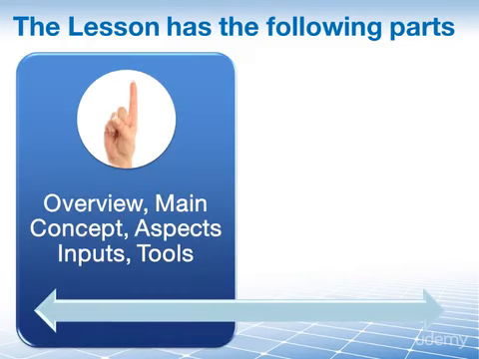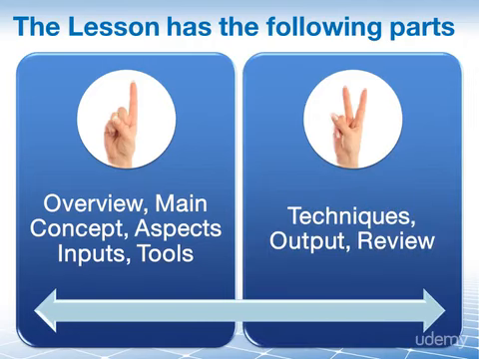In the first part, we'll provide an overview of the Identify Risks process, introduce and discuss the main concept and important aspects of the process, look at the inputs and their importance, and begin discussing the tools and techniques. And then in the second part, we'll finish up the discussion of the tools and techniques, introduce and discuss our single output, the risk register, and also do a quick review.